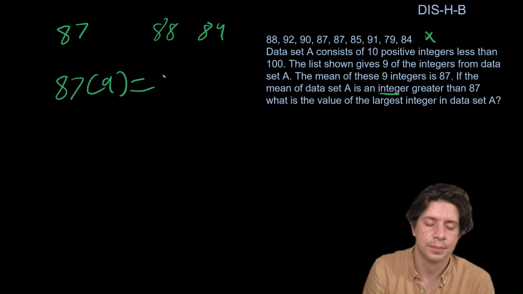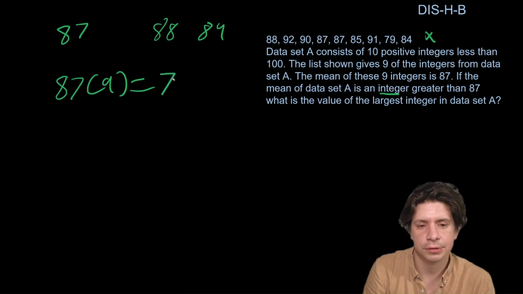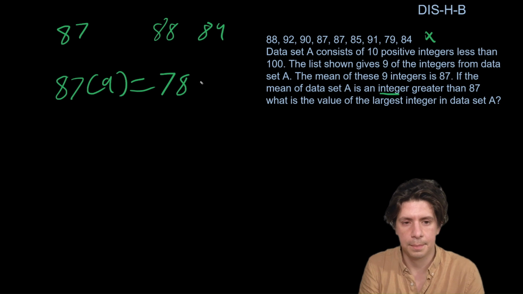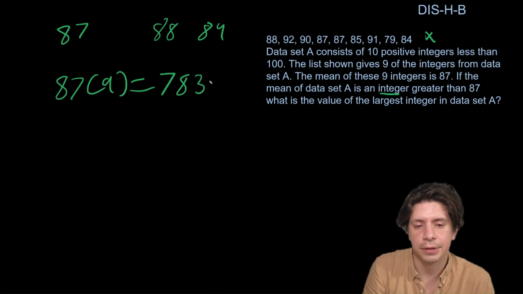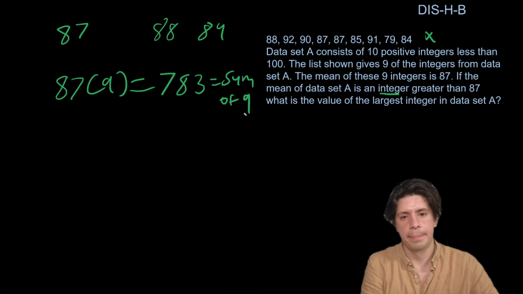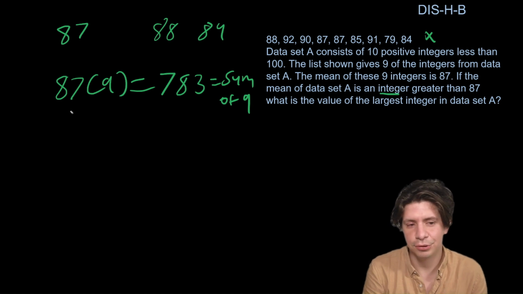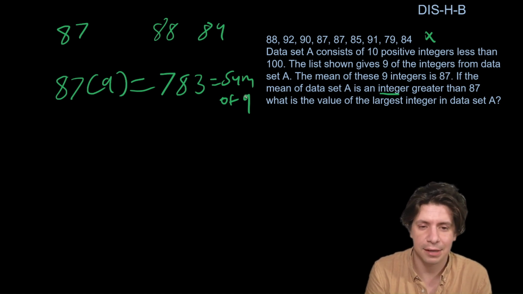Equals 783. 783 equals sum of 9. I know that because the mean is 87, so you just multiply that by the number of numbers to find the sum.